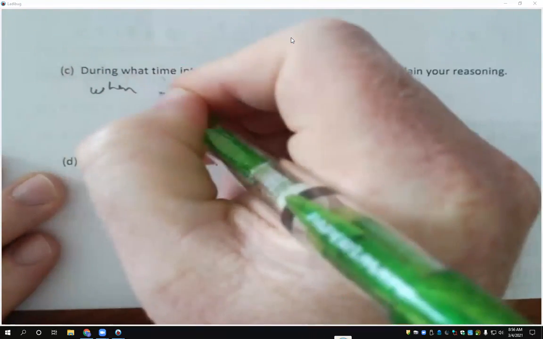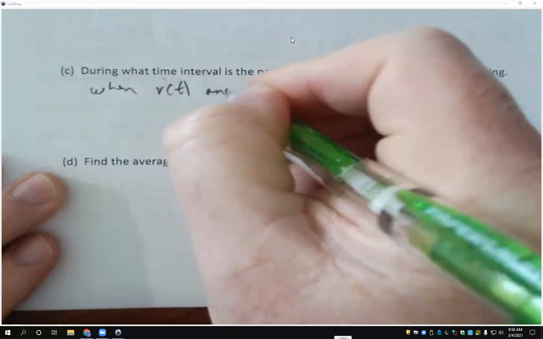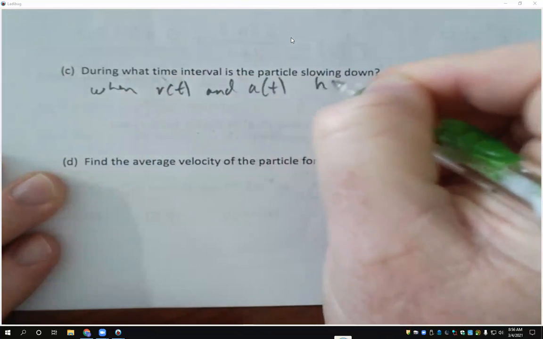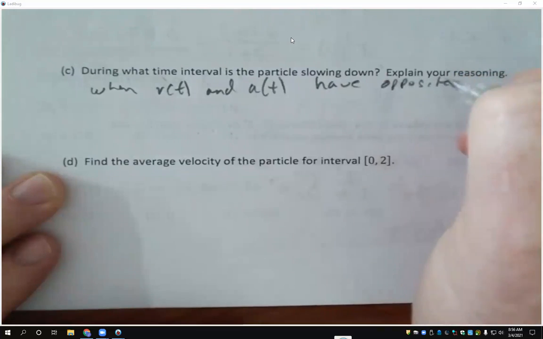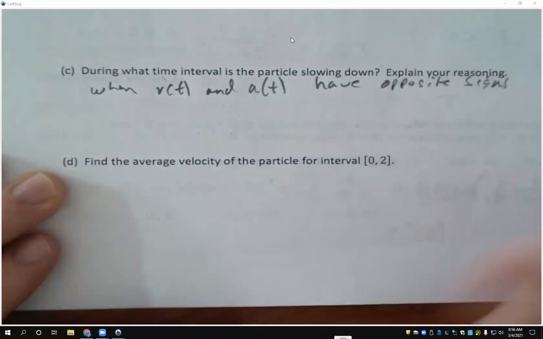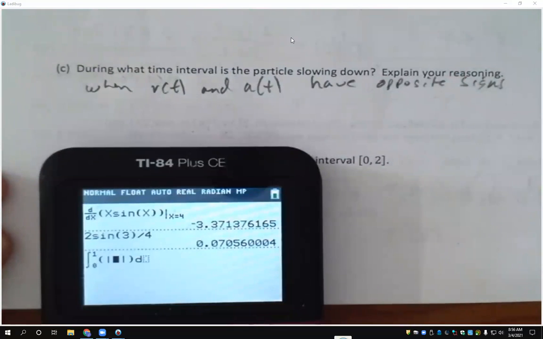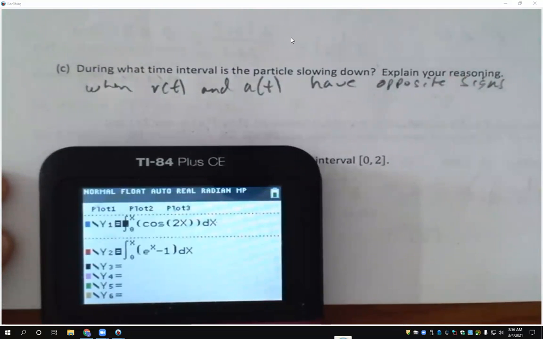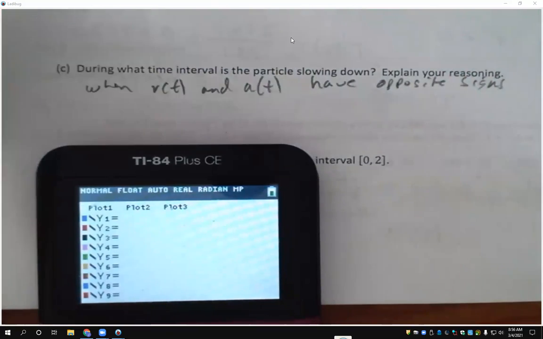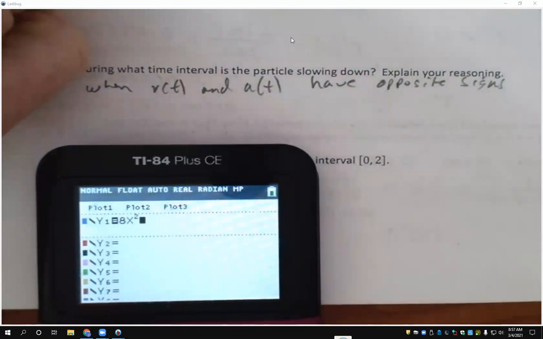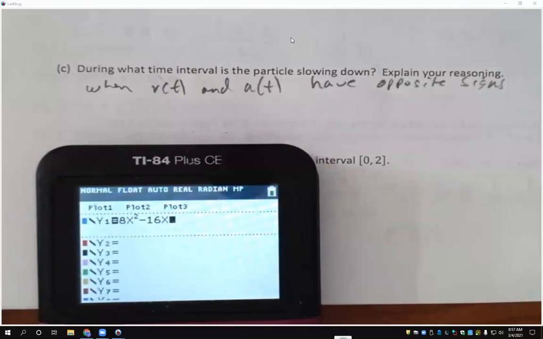So you're going to say when V of t and A of t have opposite signs. And then it's just a matter of looking at the graph. Okay, so we're going to graph the velocity function, which was 8t squared minus 16t, or x.